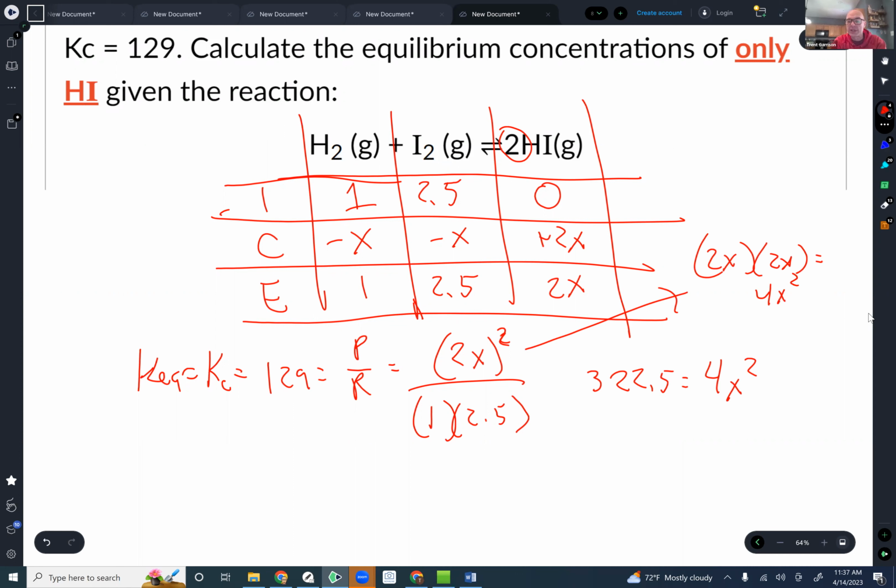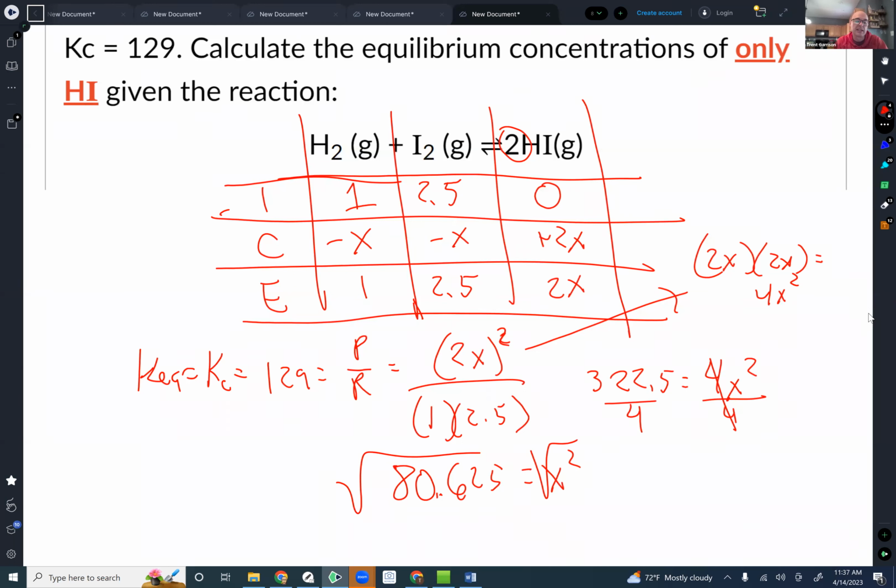All right, so we're going to divide both sides by 4, cancel out, and what you get is 80.625 is equal to x squared. So we're going to do the square root of both sides, and you get 8.9. You could round that to 9 as your answer for x.